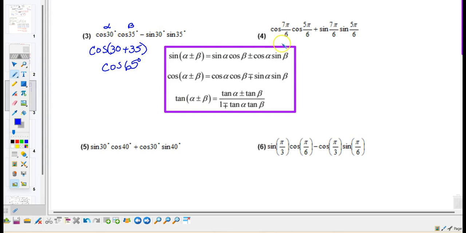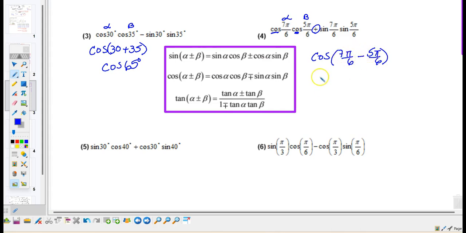Oh, another one in radians. Cosines together again. Plus in between goes with a minus in between our angles. When we subtract fractions, we need a common denominator, which we've got.